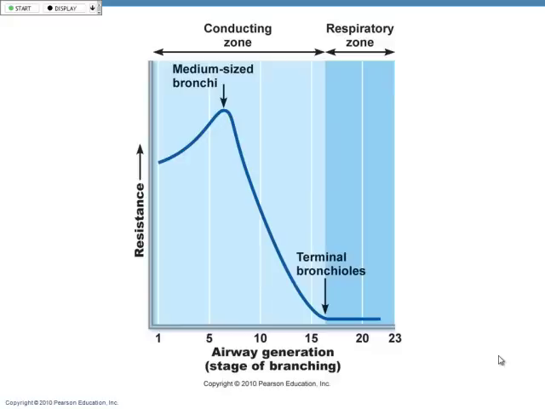And surfactant is going to help decrease surface tension to help with gas exchange. Don't forget to read up on homeostatic imbalances on page 823 and the discussion about infant respiratory distress syndrome, which is related to surfactant production. The other thing that is going to affect all of this movement is compliance.